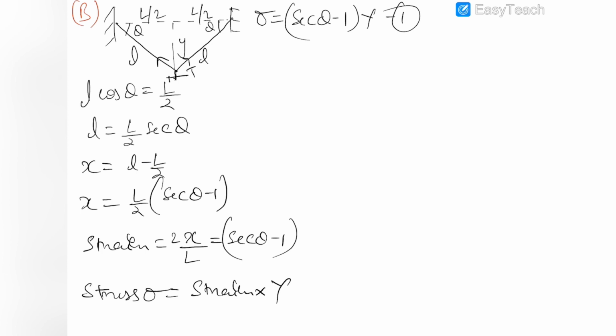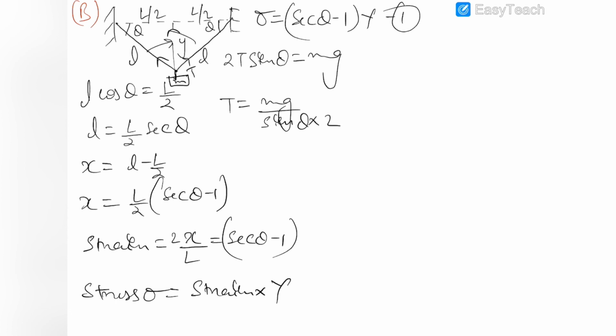It is balancing out this mg. The component of T along this side will be T sin theta and T sin theta, so the net component will be 2T sin theta, which will be balancing mg. Here you can see that T will be equal to mg upon 2 sin theta.